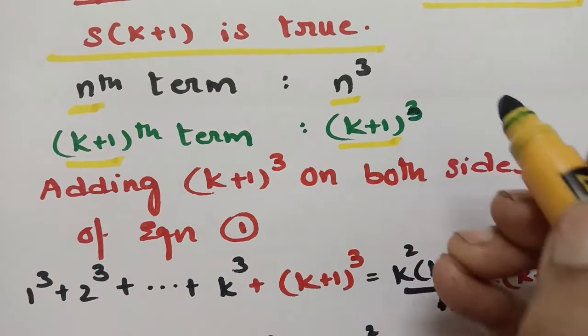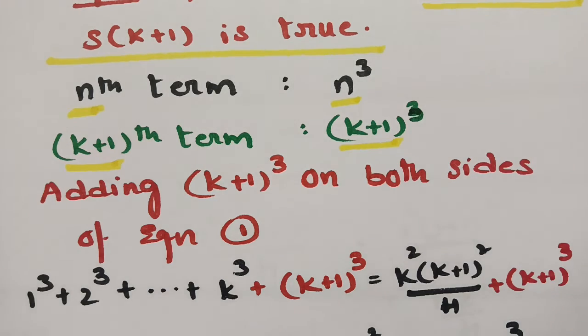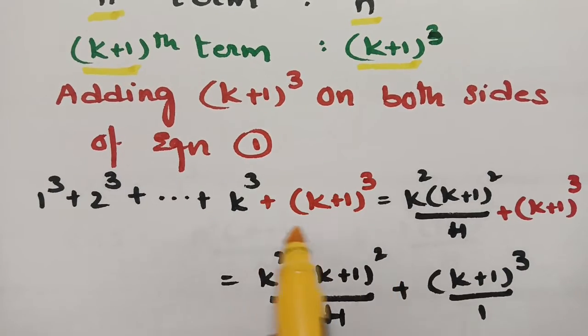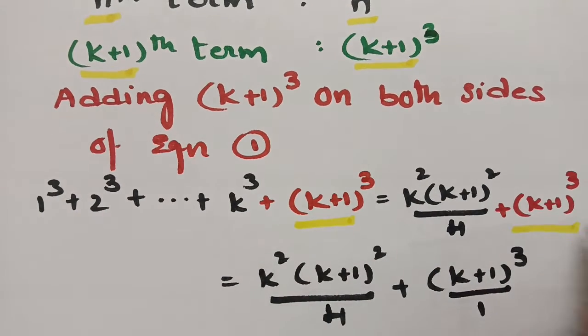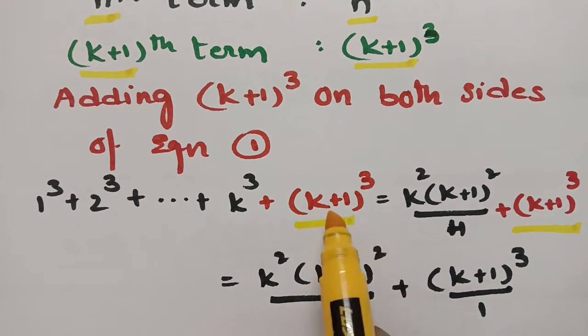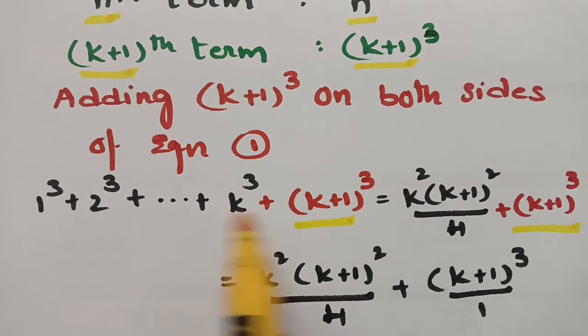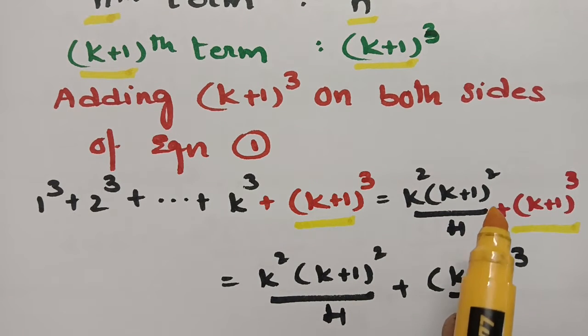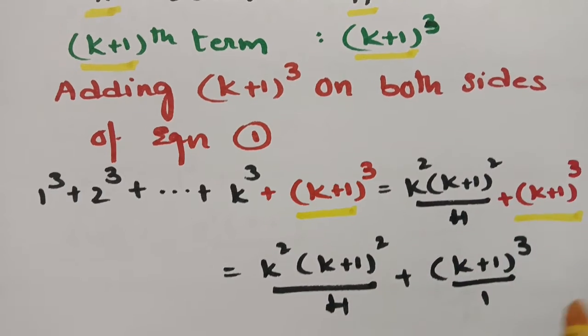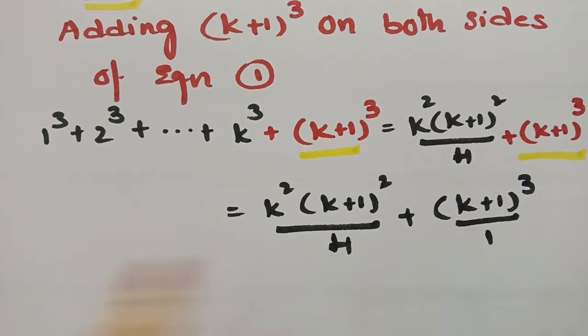So (k plus 1) whole cube is added on both sides of equation 1. Now I have taken the right hand side part, and I'm going to solve this.